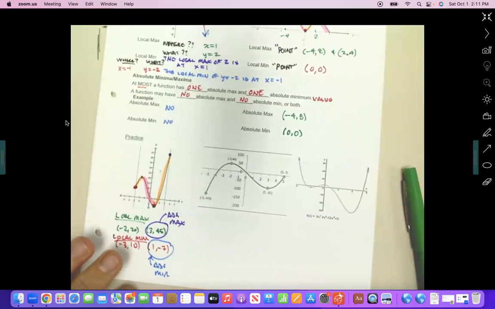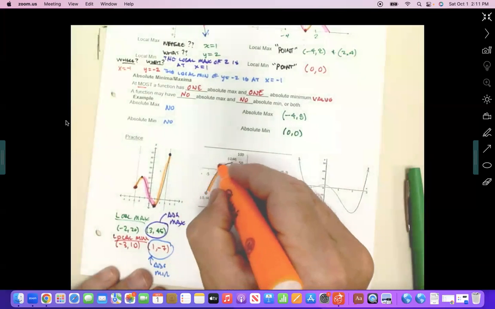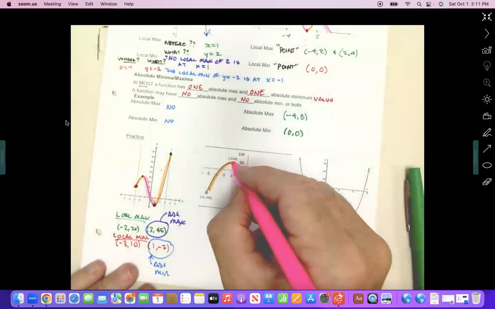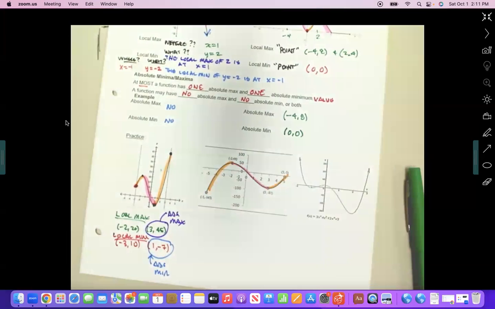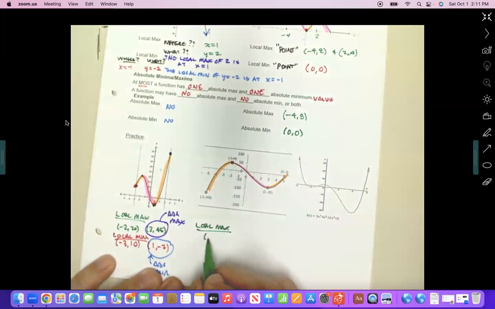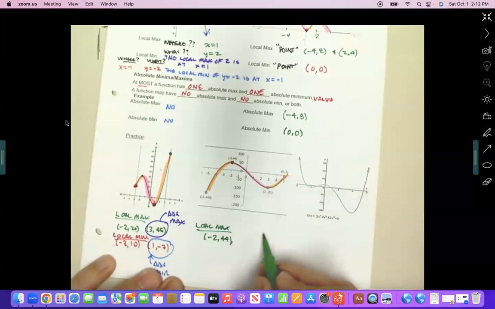Let's take a look at our next one. We go increasing, increasing, and another increasing with a section of decreasing in between. Therefore, our local max occurs right here at (-2, 4), and then another one over here at (5, -5).